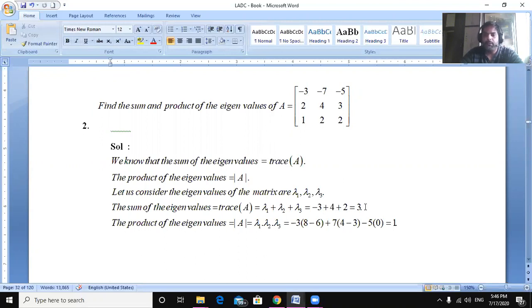The product of eigenvalues is the determinant of A. We know how to find the determinant of A, that is 1. So here, without calculating the eigenvalues and eigenvectors, I got the sum and product. So these are some useful properties of eigenvalues and eigenvectors.